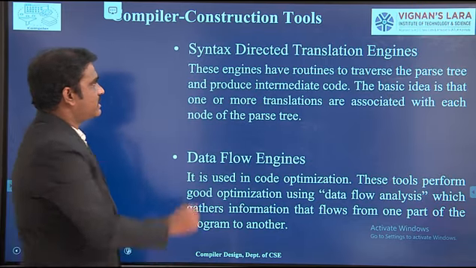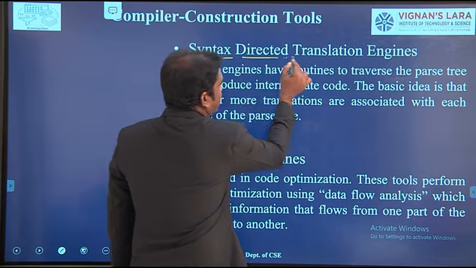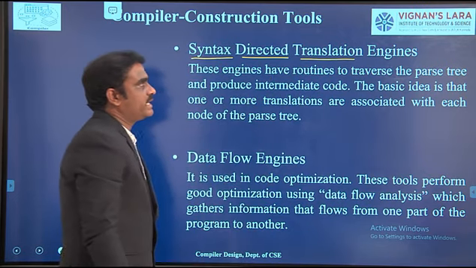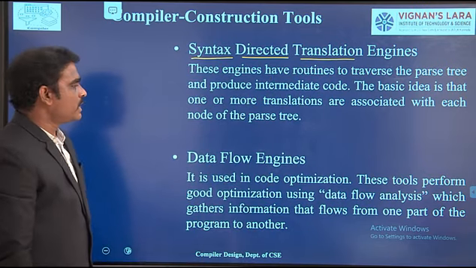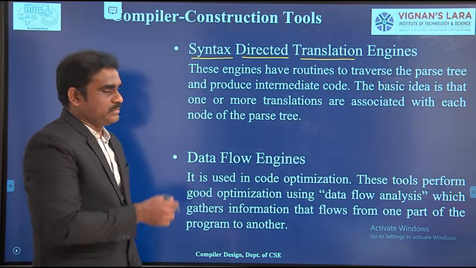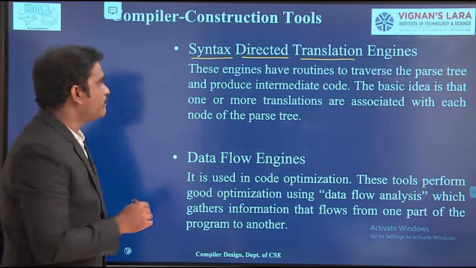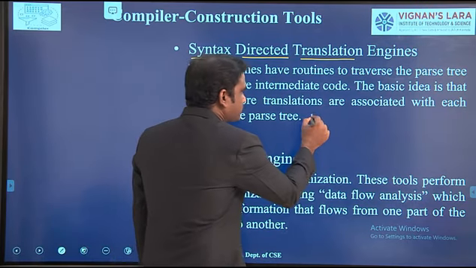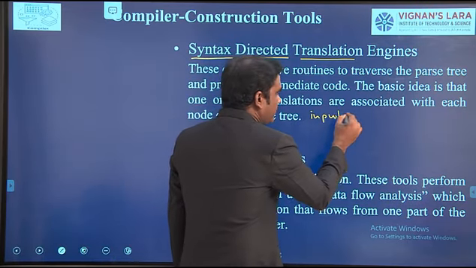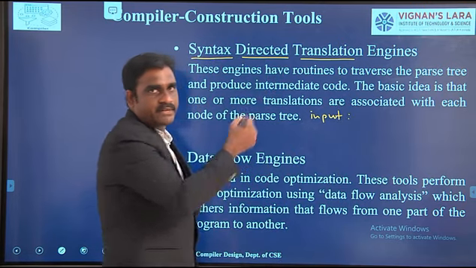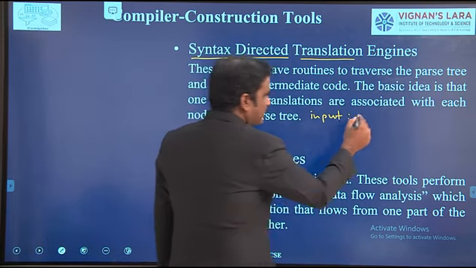And the third tool is syntax directed translation engines. It is related to the intermediate code generator. Here the input is the output of the previous one, that is nothing but the syntax tree.